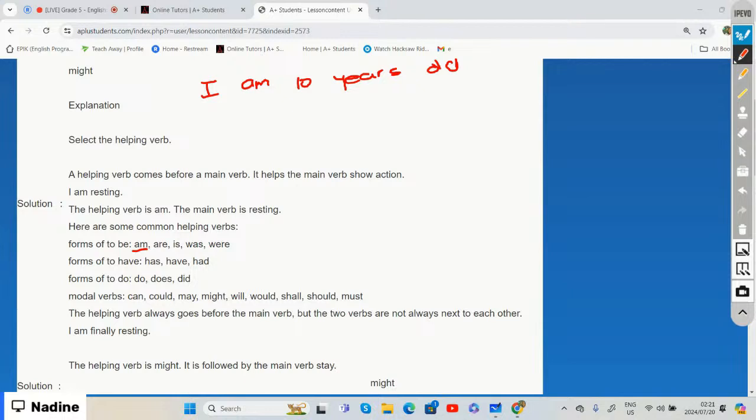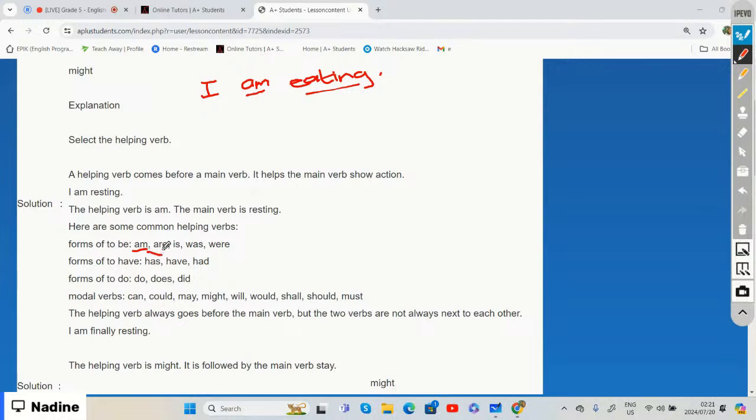Oh no, let me not say that example. Let's say I am eating, right? So this is our one example, and am is our helping verb, eating is our main verb.